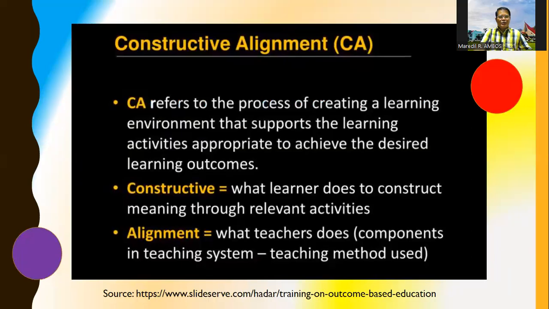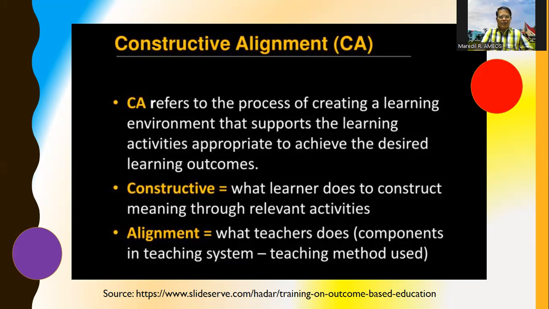Let's have the constructive alignment. As teachers, we are expected to align everything, from our objectives to the TLAs, or the teaching learning process, and the assessment that we have. So when we say constructive alignment, it refers to the process of creating a learning environment that supports the learning activities appropriate to achieve the desired learning outcomes.